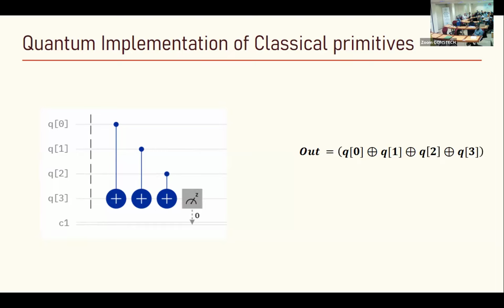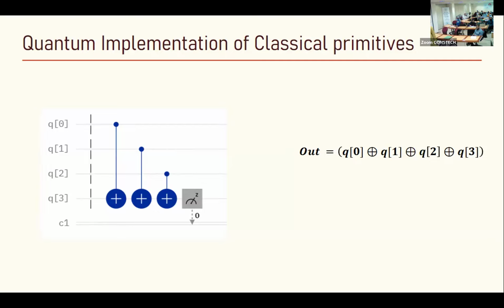Okay. Can I make this question slightly difficult now? Yes? I promise this is the second last question. So now what I want you to do is just replace this XOR with the AND function. So this is Q0 and Q1 XOR Q2 XOR Q3, and make the circuit.